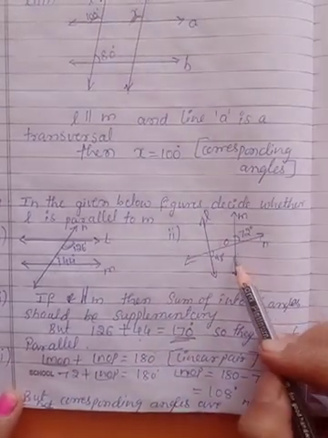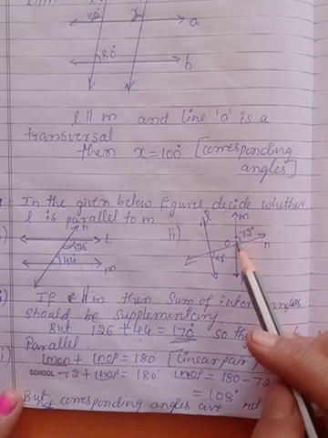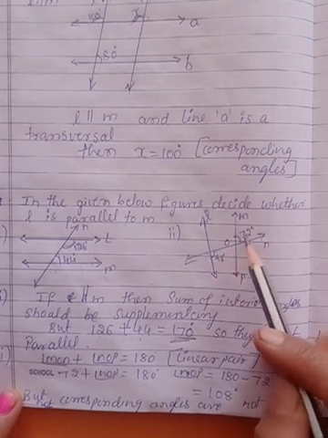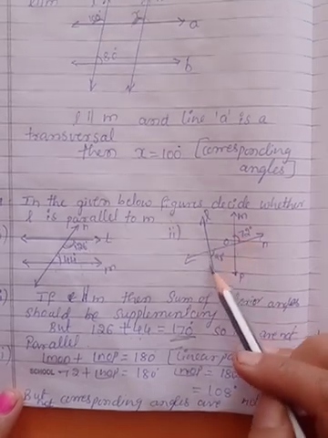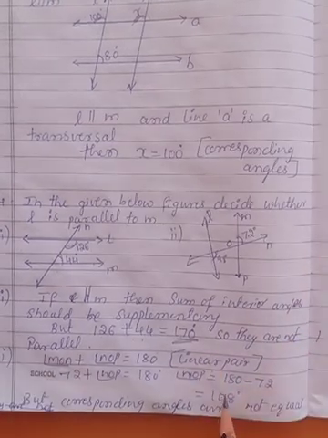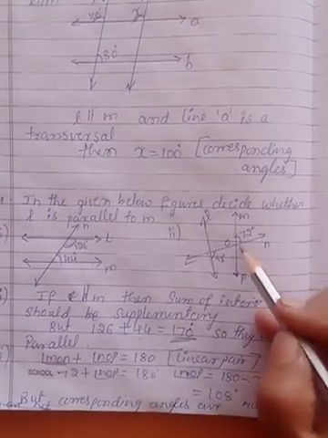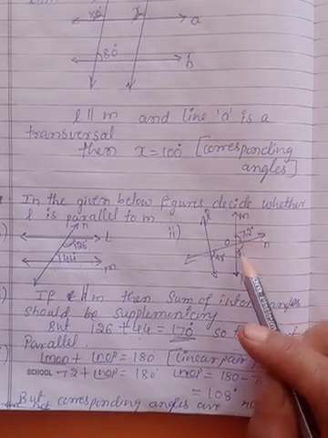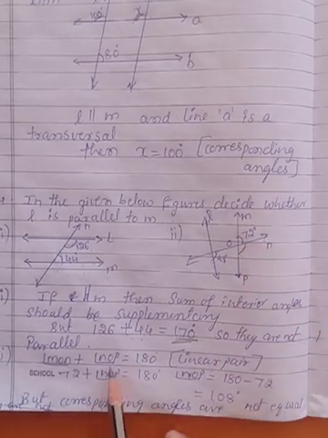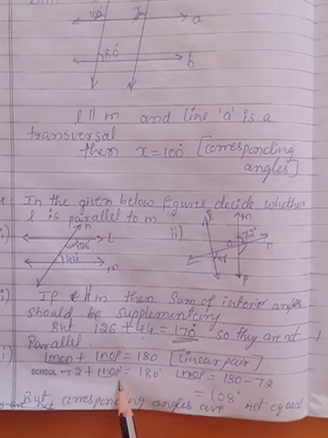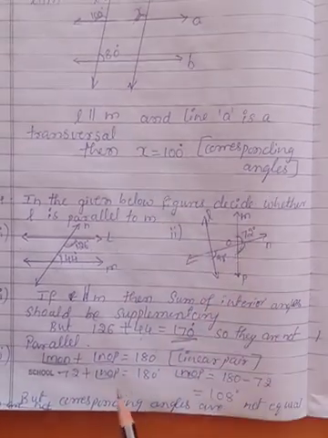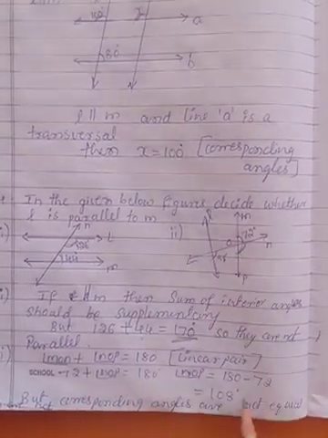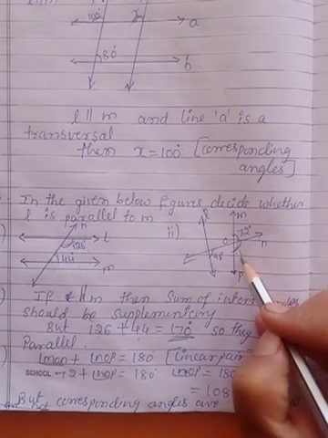Now, we will move to this problem. Just observe what type of angles they have given. It is not an alternate angle, not a corresponding angle. Just find this angle now. This and this will be a linear pair. So the angle you are getting here is 180 minus 72, which is 108.